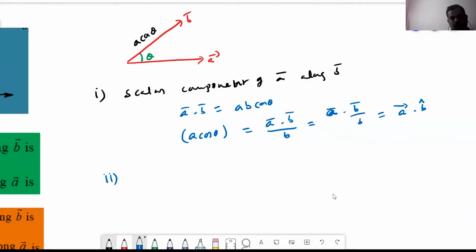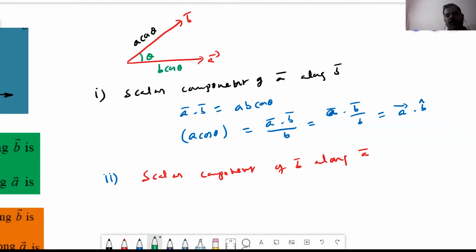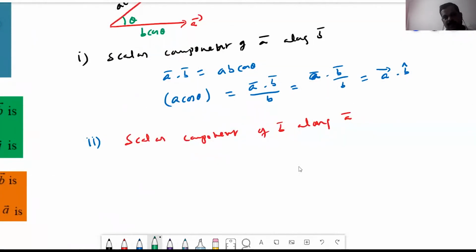Now let's go to another one. Scalar component of B bar along A bar. Same logic, resolve this: B bar along A bar is B cos theta. Same procedure. I want to find out the value of B cos theta.